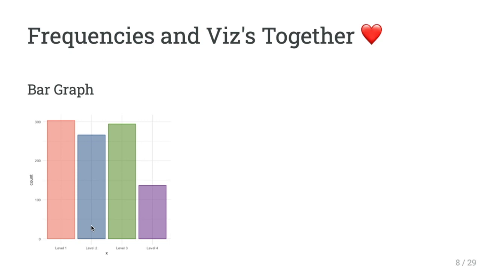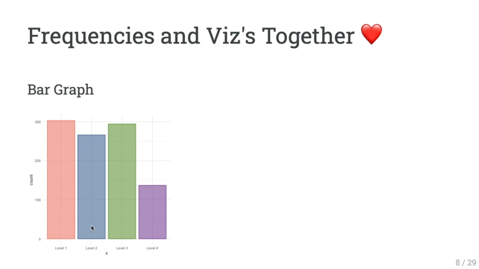So like I said, we're going to combine frequencies and data vises together in this perfect union, and that's why there's a heart there. So a bar graph is essentially a frequency distribution in a visualization form. What's nice about using a bar graph instead of just a table is, as the levels get more and more, it's easier and easier to spot patterns.